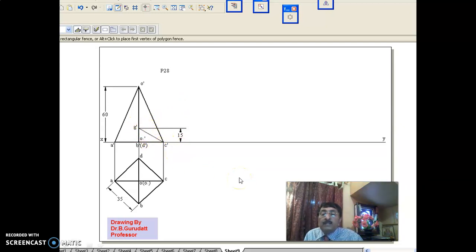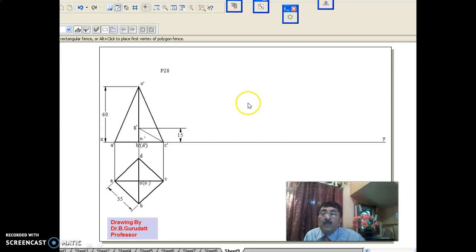Now, it is a suspension problem. What you do is, we tie a thread to the corner C dash, and if you hang it in the space, as per the property of the solid, the line connecting the corner and the center of gravity will be perpendicular to HP.